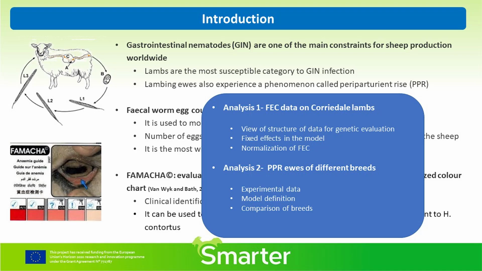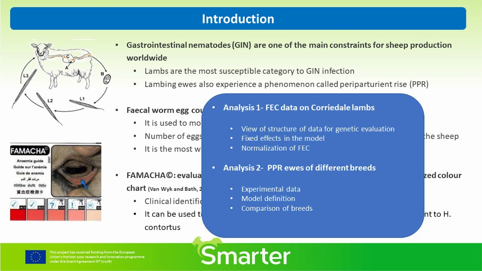It's a subsample for genetic evaluation. We don't have all the data. We have only the phenotypes and fixed effects, just for you to consider the potential fixed effects in the model, and the normalization effect. The second database is for PPR in different breeds.